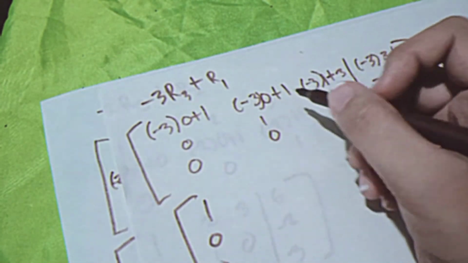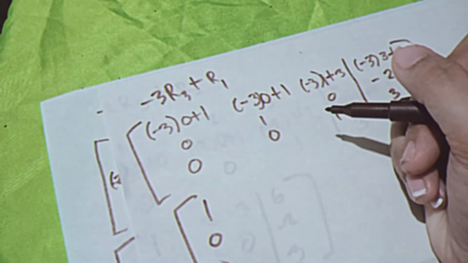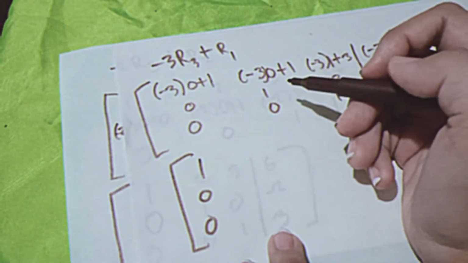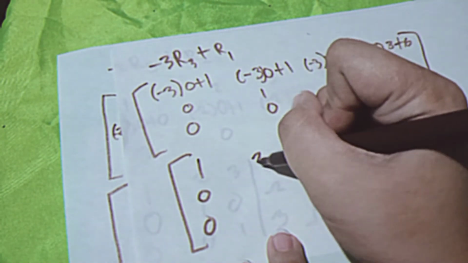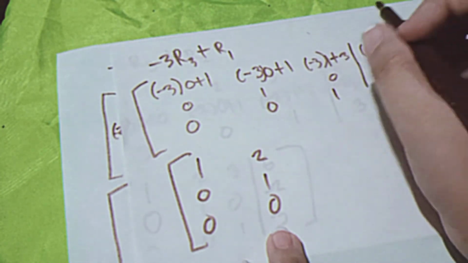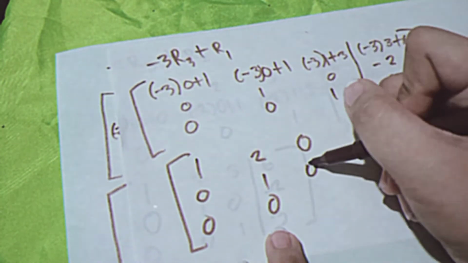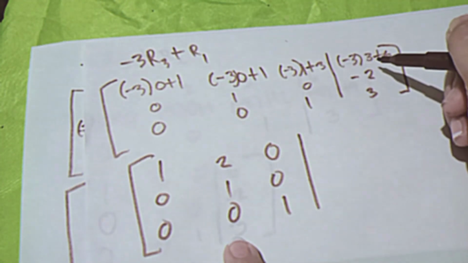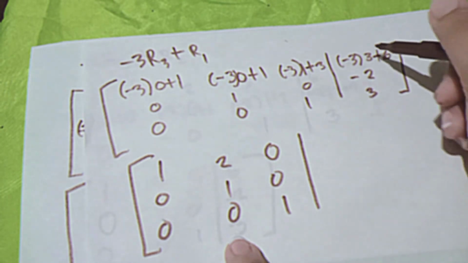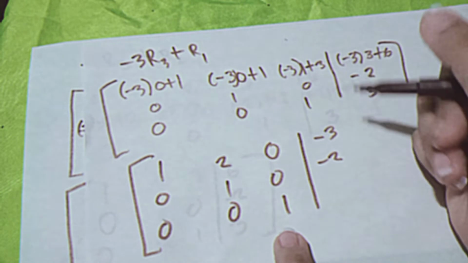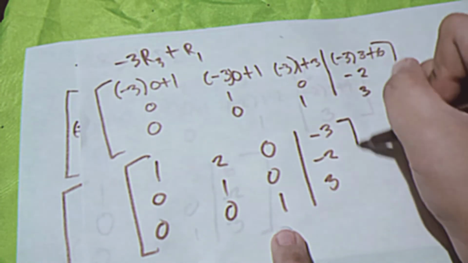So negative 3 times 0 plus 1 is 2, then 0, then negative 3 times 1 plus 3 is 0, then 0 and 1, then negative 3 times 3 plus 6 is negative 3, then negative 2, then 3.